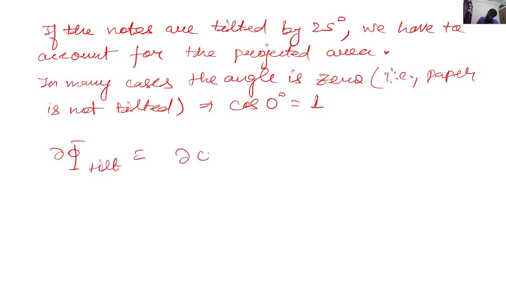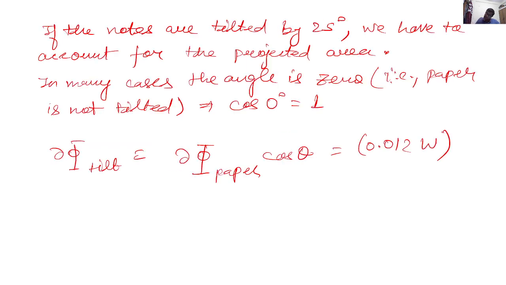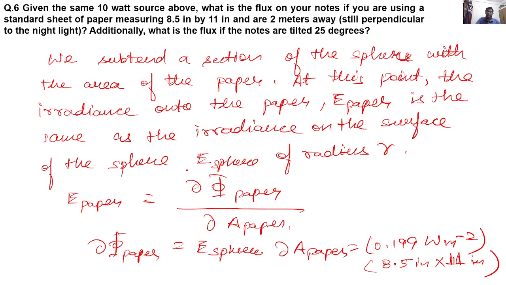It would be del phi paper times cos theta. Cos 0 degree, it is not 0 degree anymore, it is actually 25 degree. So from the previous question it was 0.012 watts was what the del phi which we found out. So 12 milliwatts is nothing but 0.012 watts times cos 25 degree, because the tilt as given in the question is 25 degrees.